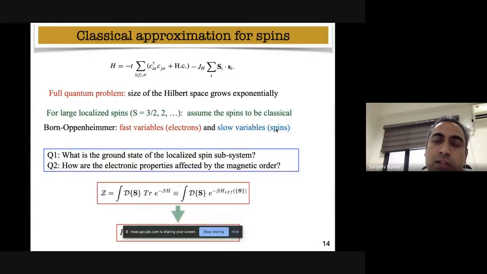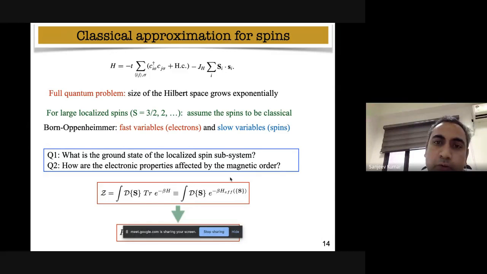The problem can be divided into two parts. Question one: what is the ground state of the localized spin subsystem? How would these localized spins like to orient or arrange themselves? And question two: how do the electronic properties get affected by those magnetic states?